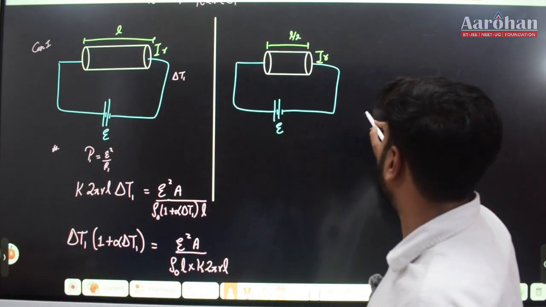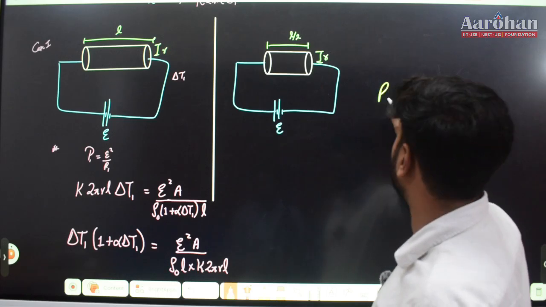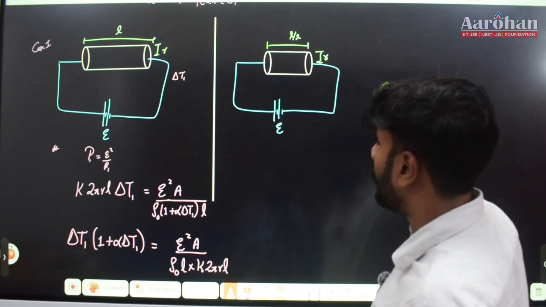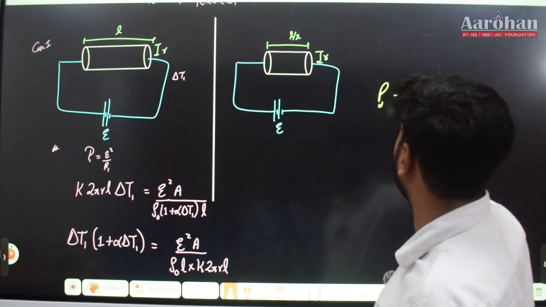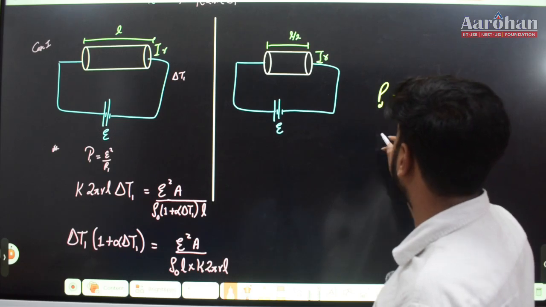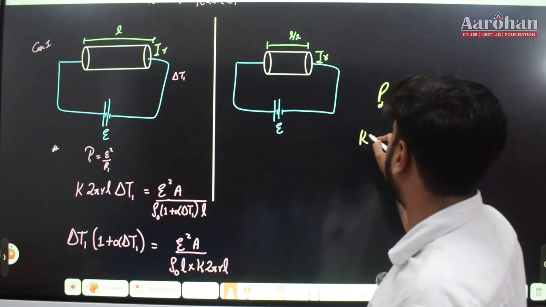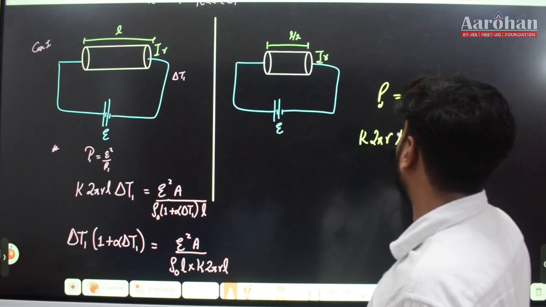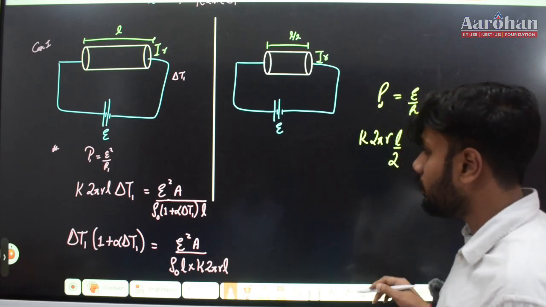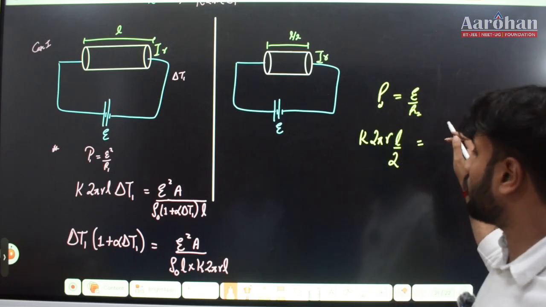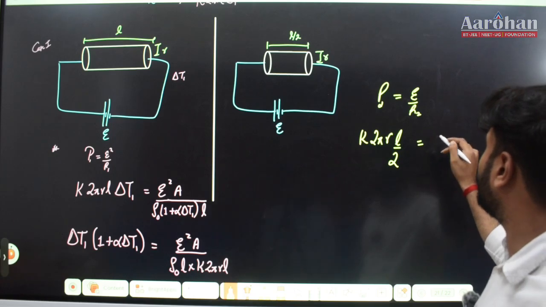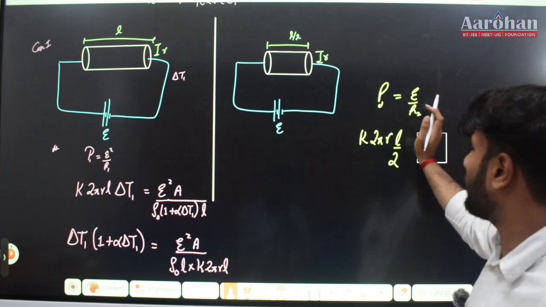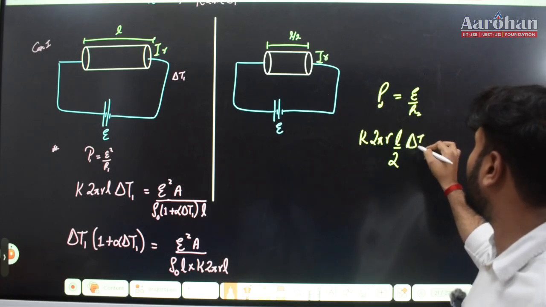Similarly, here we can write power equals E by R2, and similarly power we can write K 2 pi R L by 2 into delta T2.